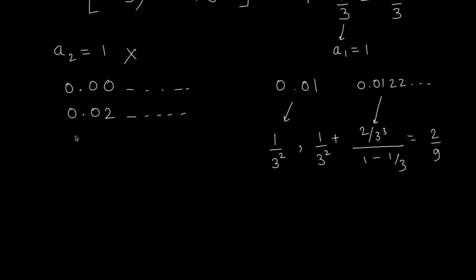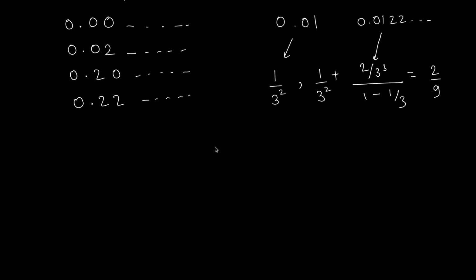Also such sequences remain: 0.0 not 0, 0.20 something something and 0.22 something something. So now for this we will have the interval.